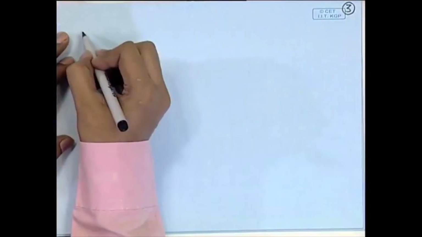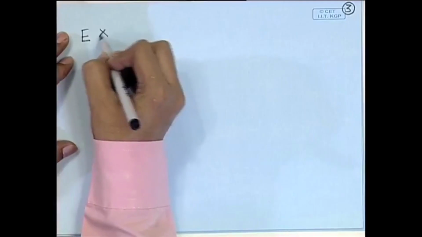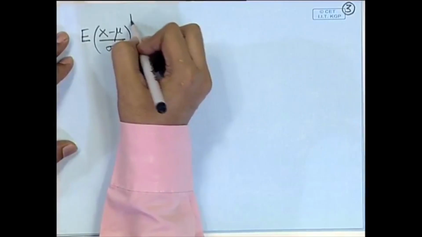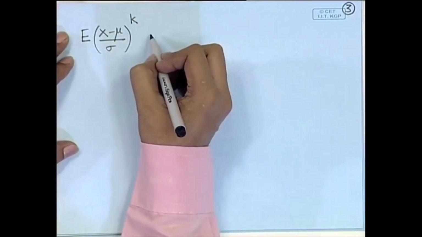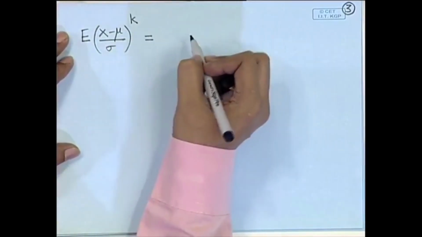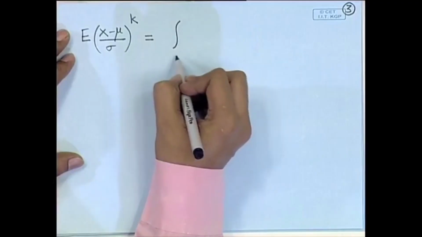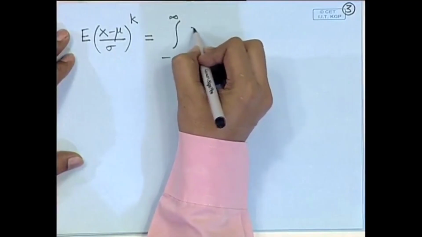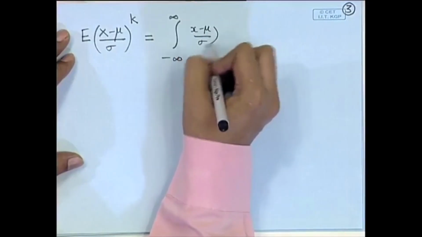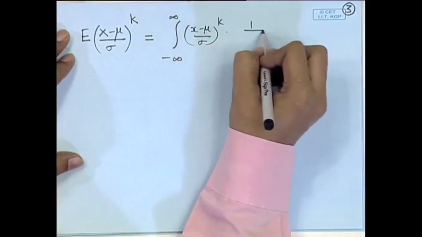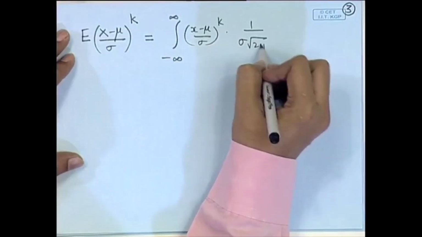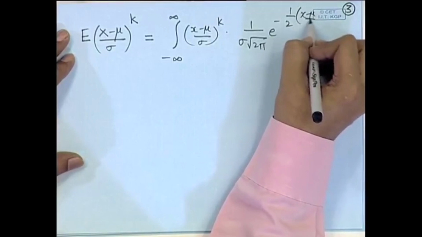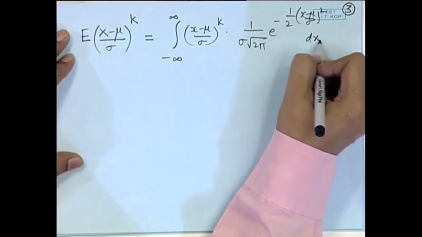Let us consider the expectation of ((x minus mu) by sigma) to the power k. So, this is equal to the integral from minus infinity to infinity of ((x minus mu) by sigma) to the power k, 1 by sigma root 2 pi e to the power minus 1 by 2 ((x minus mu) by sigma) whole square dx.